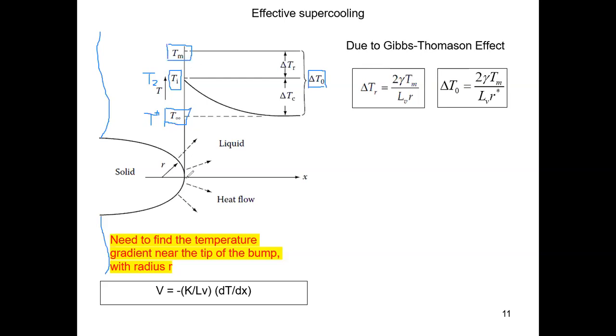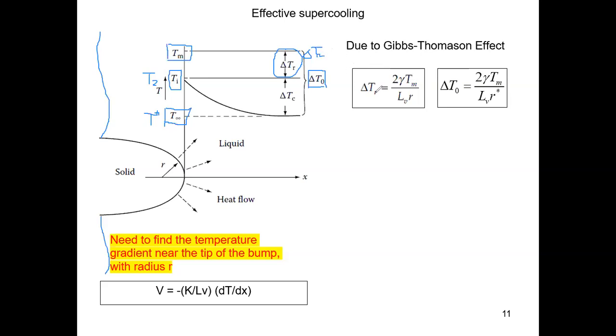Because the interface has a finite curvature, so it increases the interface area compared to the full flat surface. So it used some portion of the degree of supercooling to overcome the surface energy, and that portion, due to the radius, is given by delta TR. This is what has been used to overcome the surface energy in our previous slides.